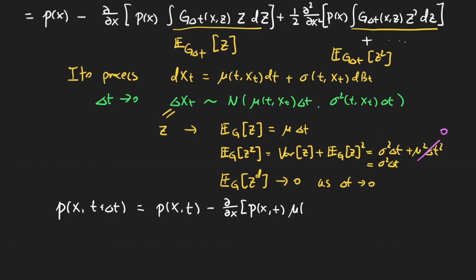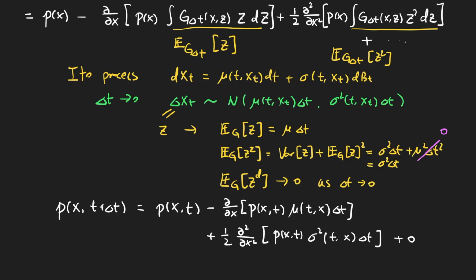We'll have mu, the parameters being t and x, and then we'll have times delta t plus a half times the second derivative of the density multiplied by the second moment, which is sigma squared times delta t, and the higher order term goes to 0.